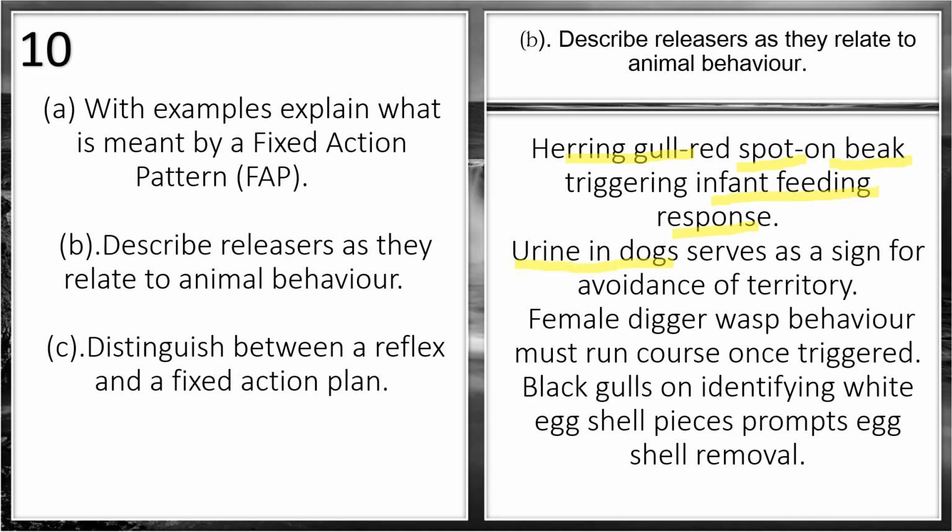Urine in dogs serves as a sign for avoidance of the territory. Female digger wasp behavior must run its course once triggered. Black-headed gulls, on identifying white eggshell pieces, prompt eggshell removal.